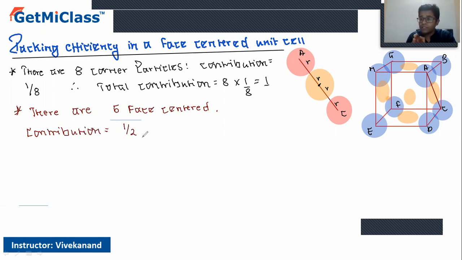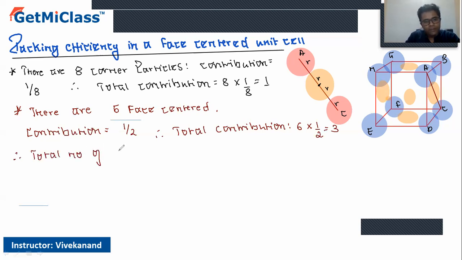That is, every single face is shared by 2 adjacent unit cells. So therefore, as we have 6 of them, every single one is going to give 1/2, so 3. Okay, so the total number of spheres is going to be equal to 1 plus 3, and that is 4. We have 4 spheres in this case, right?